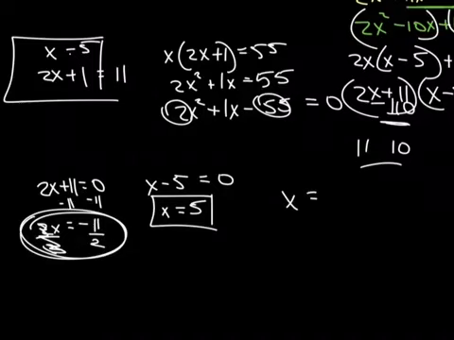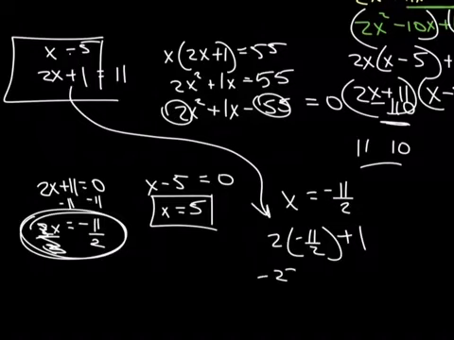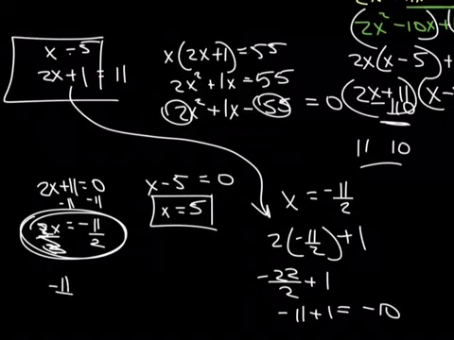So if x is negative 11 halves, what's the other number? 2 times negative 11 halves plus 1 from up here. Giving me negative 22 over 2 plus 1, which is negative 11 plus 1 equals negative 10. So when x is negative 11 over 2, the other number is negative 10. Okay?